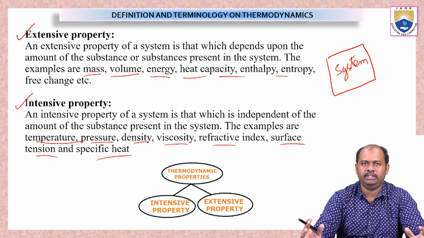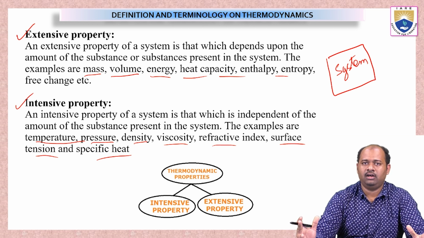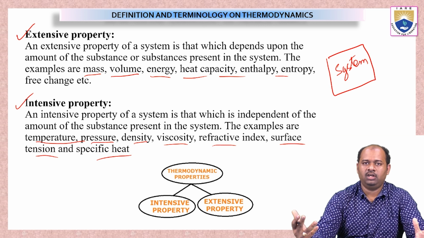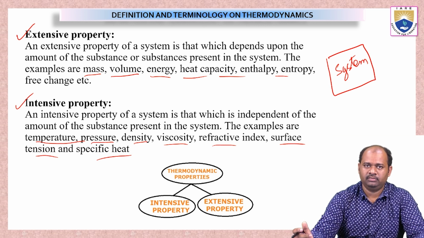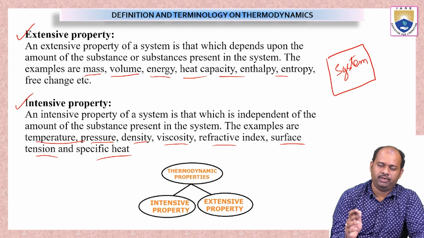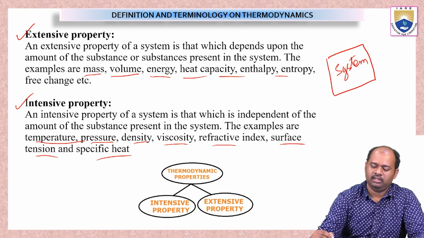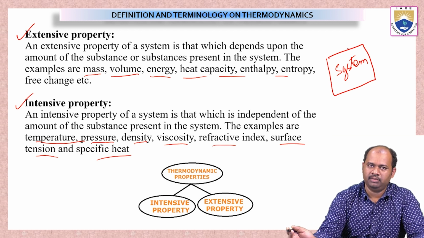These are all the intensive properties. They do not depend on the quantity of matter present in the body. So they will be the same anywhere. Like temperature, in the entire system, the temperature will be the same.